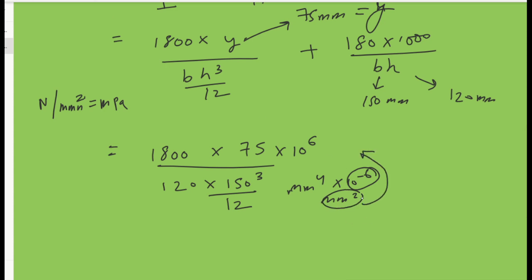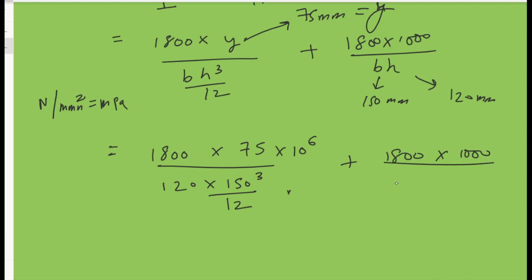I am erasing this calculation part, and this will be our force, 1800 into 1000 on B into H. No need to convert it because it will come out to Newton per square millimeter.